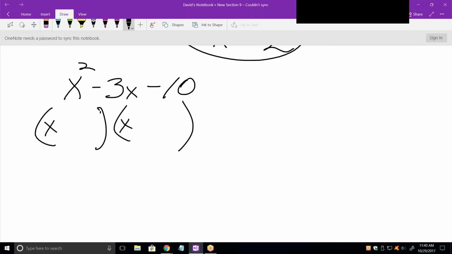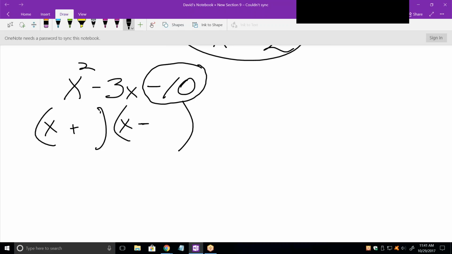Hang on, I'm trying to see. Signs have to be the opposite, don't they? The only way I can produce a negative 10, remember that is the last step of FOIL, is where you multiply this number with its sign times that number with its sign. Well, if the signs were the same, this would be a plus 10. So the moment I see a negative sign in front of the constant, I know it's plus minus.